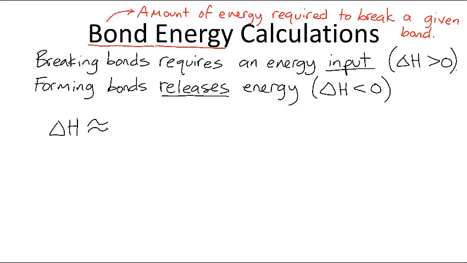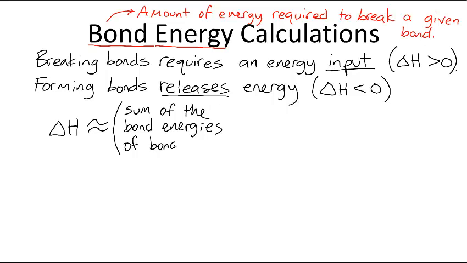Figure out the bond energies in the reactants. What has to happen to the bonds in the reactants? They have to break. So you're going to add up the bond energies of the bonds broken. That's a positive number. That's how much energy you need to put in, and then how much energy to get out.